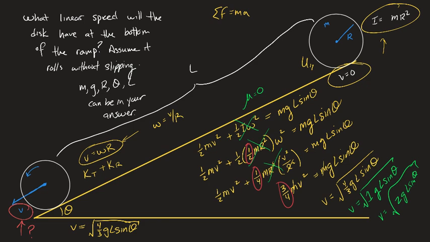What I mean by that is, when you're rolling, you still have a frictional force acting to prevent you going down the ramp, something we talked about on Friday. When we look at the forces acting on the object, you're still going to have mg sine theta down the ramp and friction up the ramp.